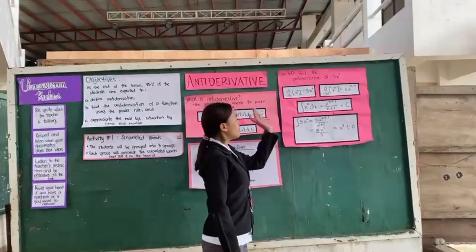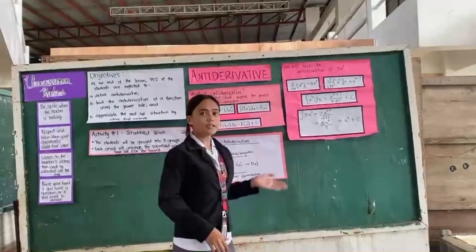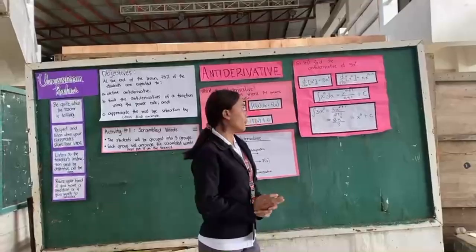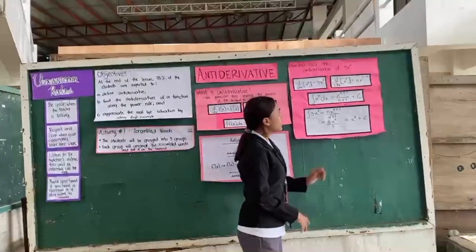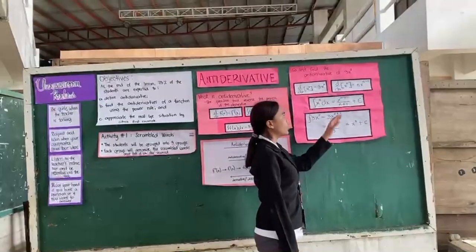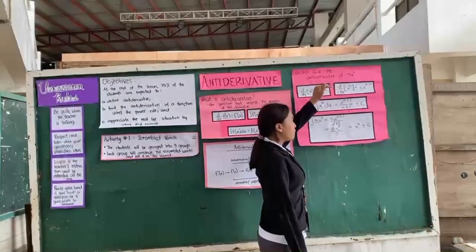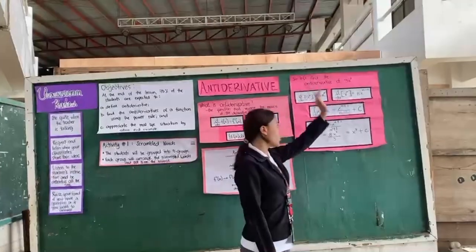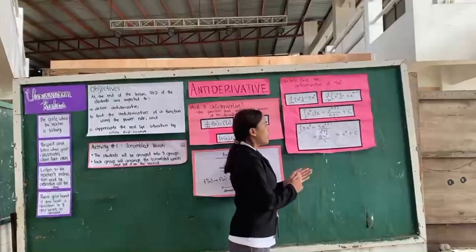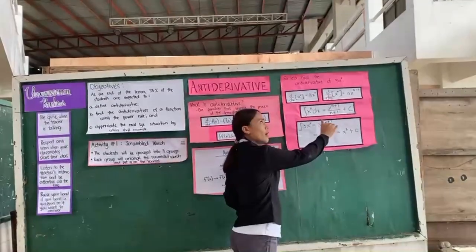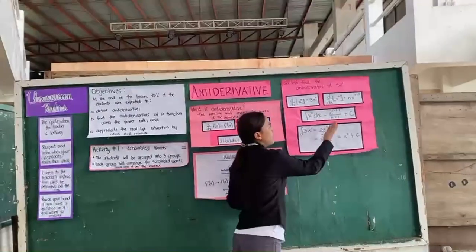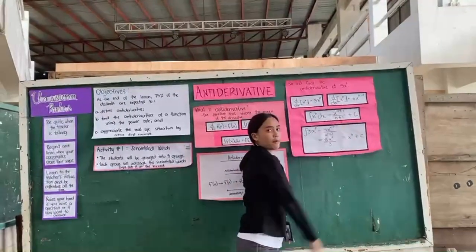We know that the derivative of x raised to the power of 3 is equal to 3x raised to the power of 2. According to the power rule, the derivative of x raised to the power of n is equal to nx raised to the power of n minus 1. Well, the antiderivative is the constant times x raised to the power of n plus 1 divided by n plus 1, and then plus c.